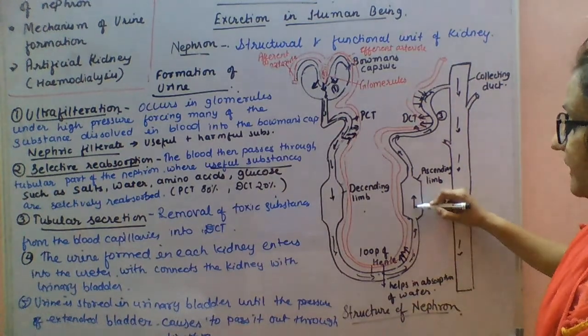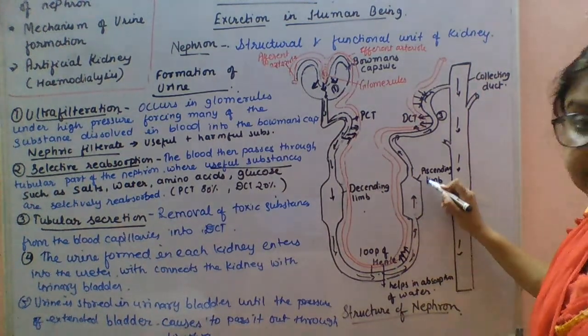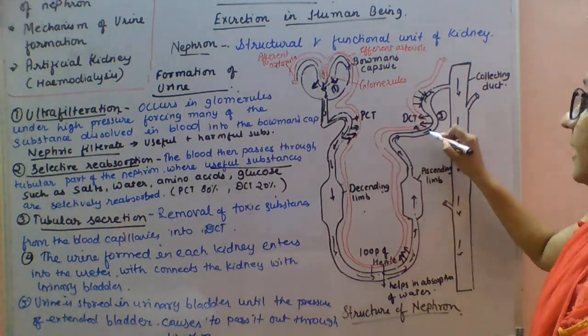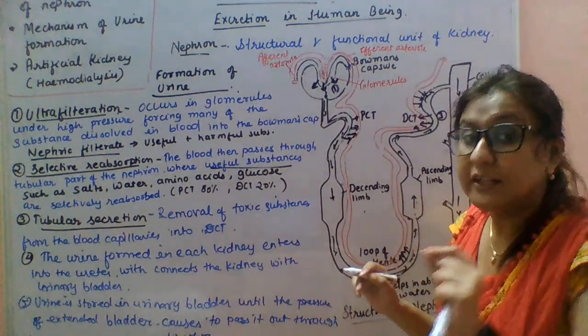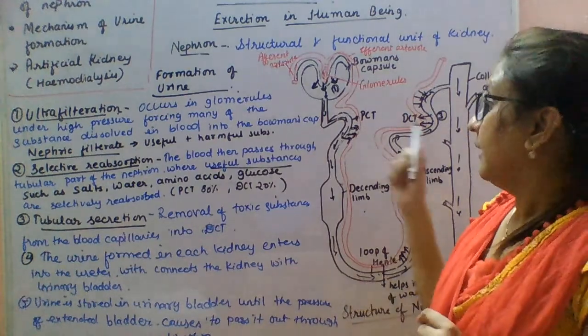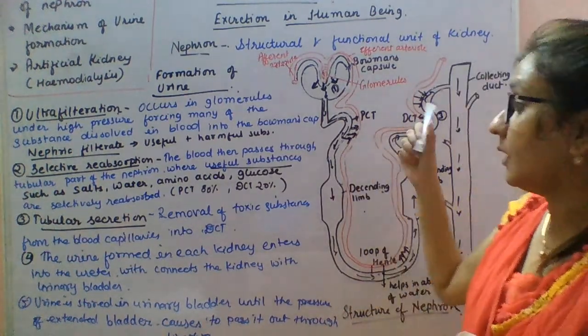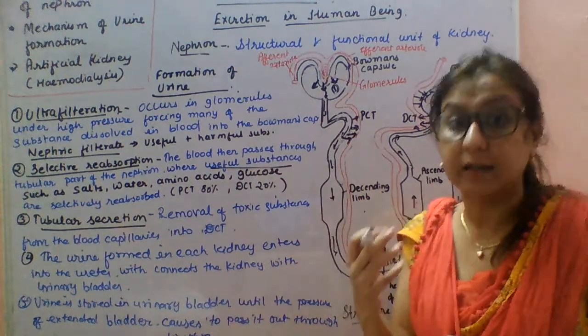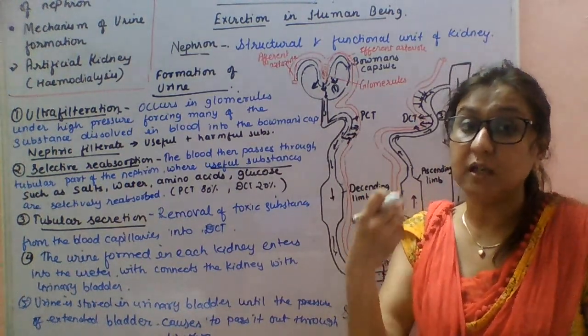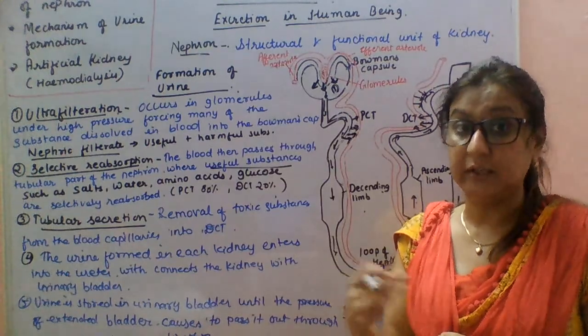Then the filtrate goes along the ascending limb and reaches the DCT. What happens in the DCT? In the PCT, only 80% of the selective reabsorption occurs. Only 80% of the important substances get absorbed here.